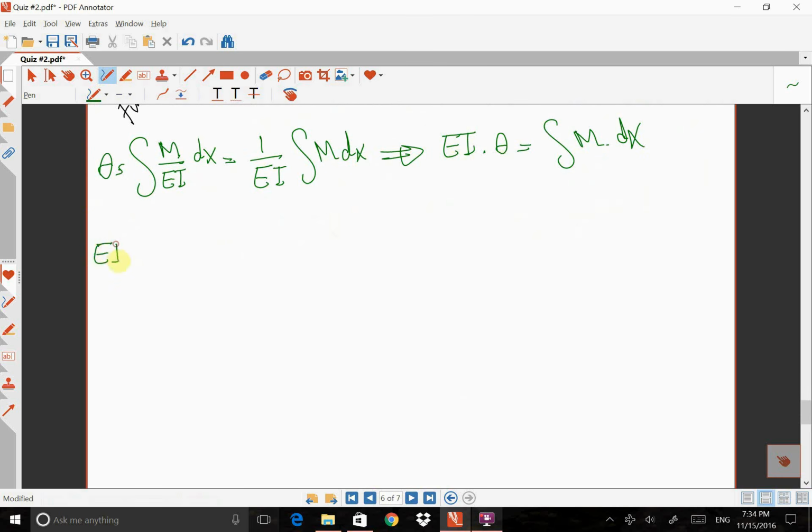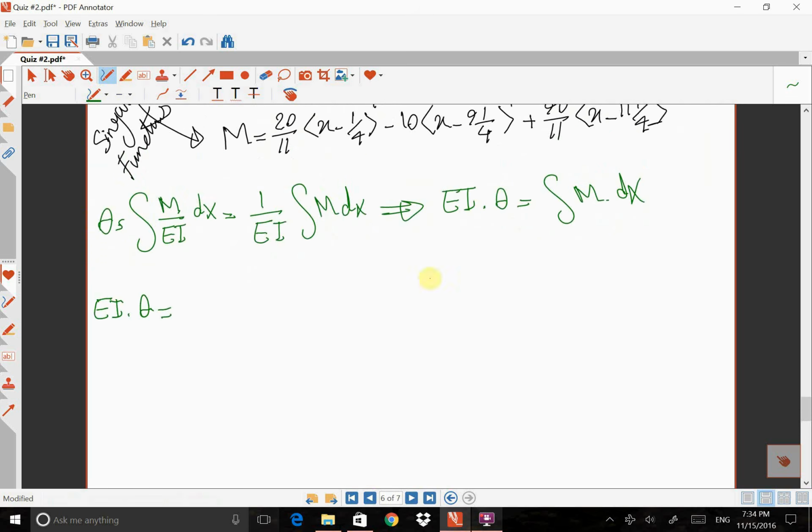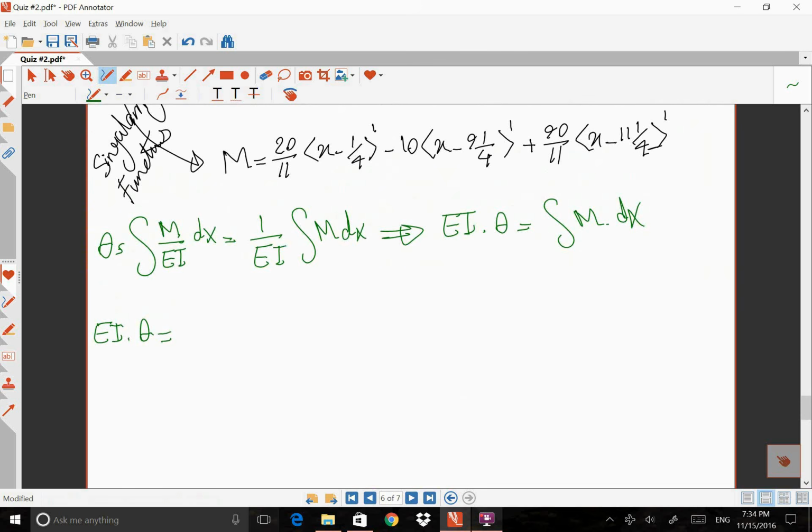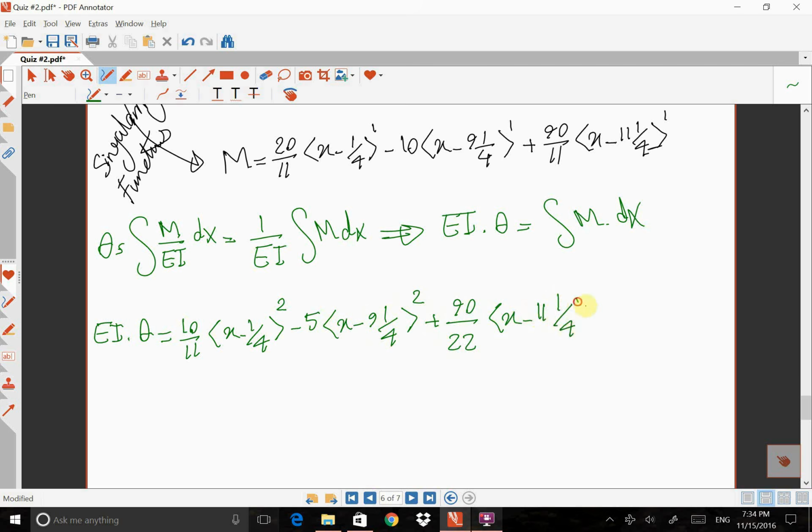So EI times theta will be the integral of this function here, that will be 10 over 11 times (x minus a quarter) to the power of 2, minus 5 times (x minus 9 and a quarter) to the power of 2, plus 90 over 22 times (x minus 11 and a quarter) to the power of 2.